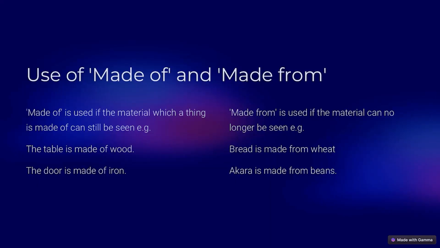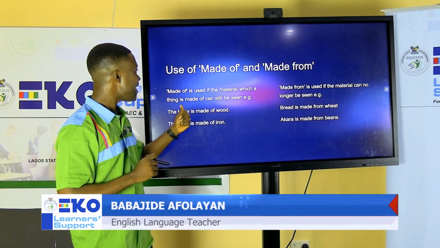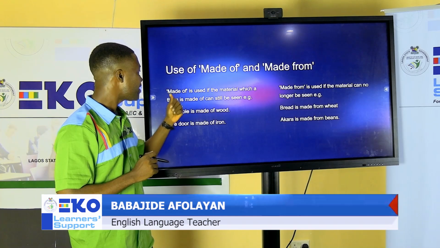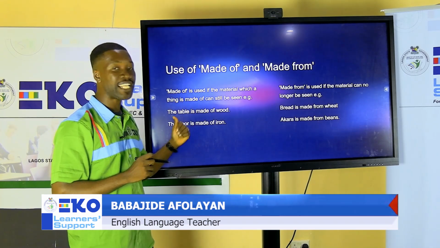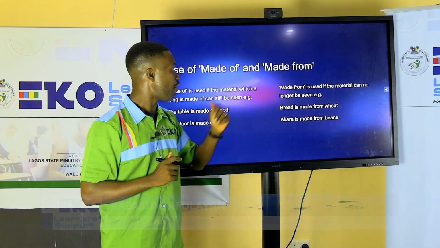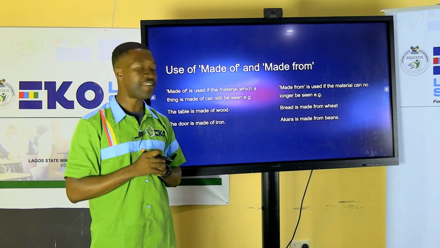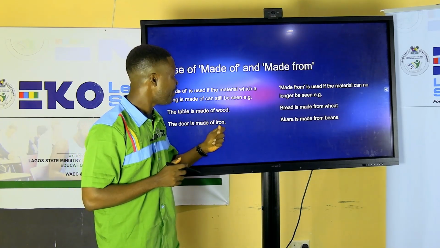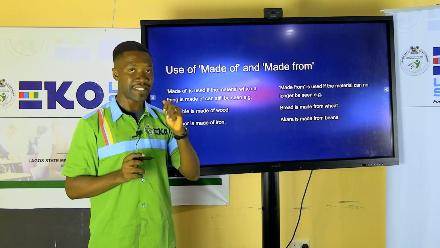The door is made of iron. So you find out that when you use made of, the material will still be seen.